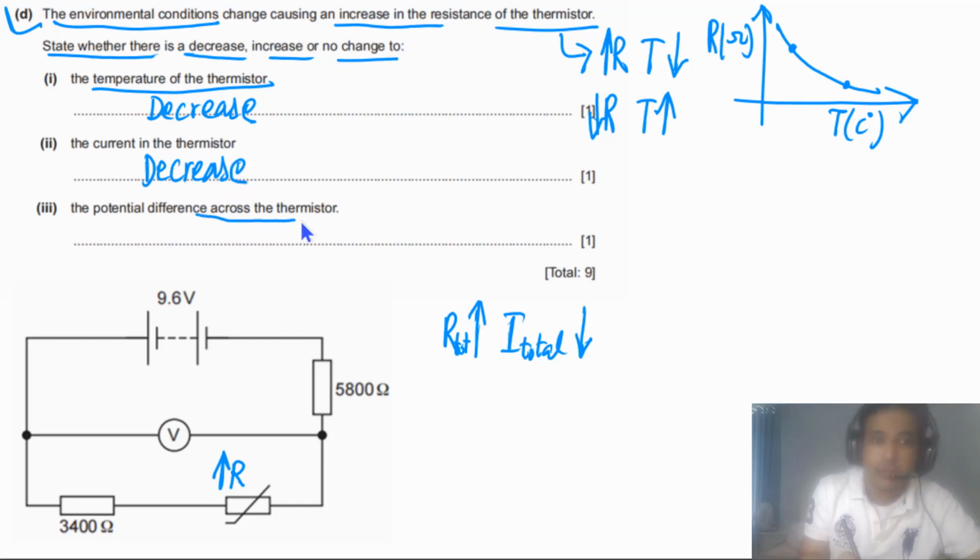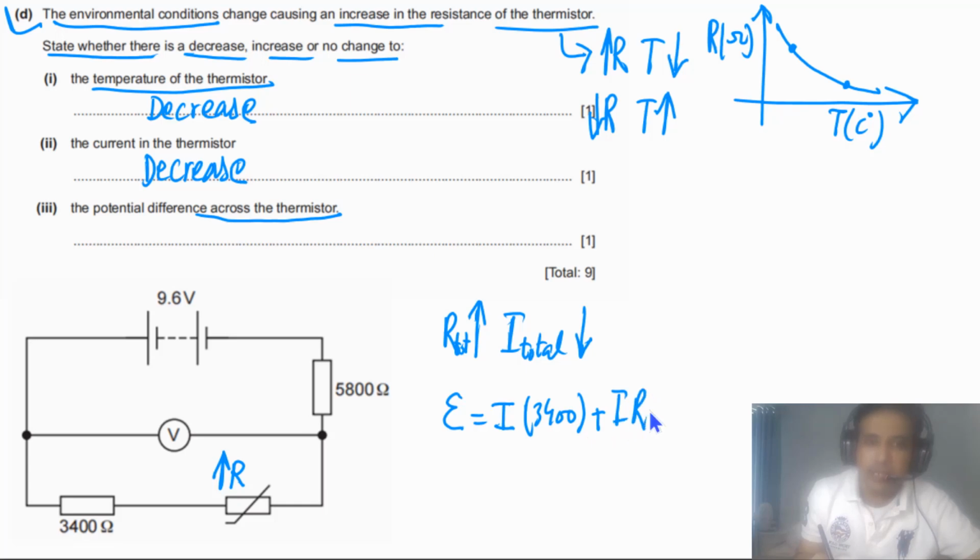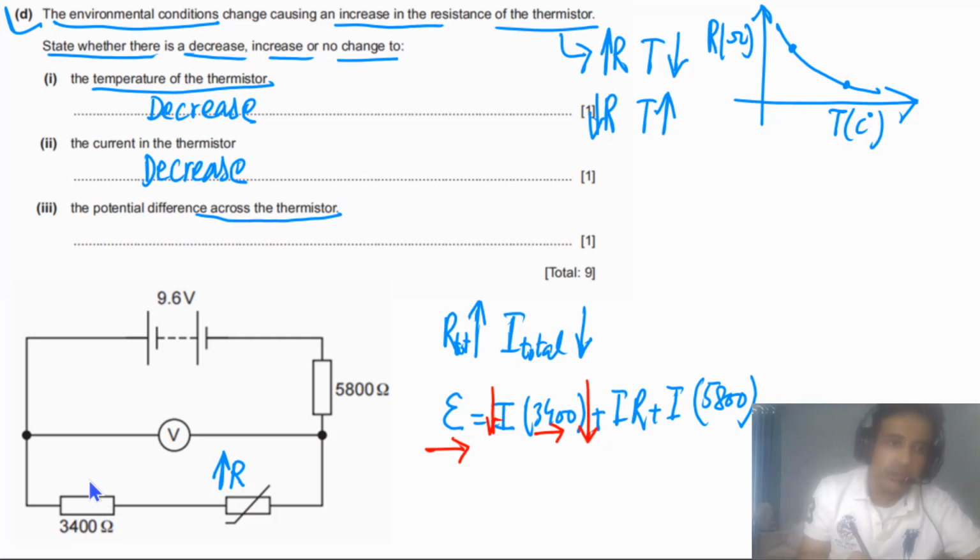Potential difference across thermistor, this point is a little bit tricky. For this purpose we can simply write down EMF is equal to I times 3400 resistance plus I times R plus I times 5800 ohms. EMF is constant, current in this case decreases, but this one is constant, so it means overall this V will decrease.